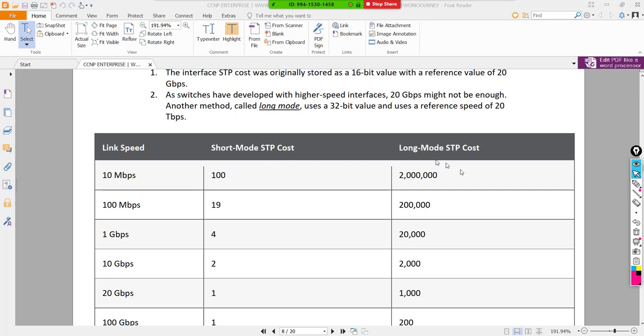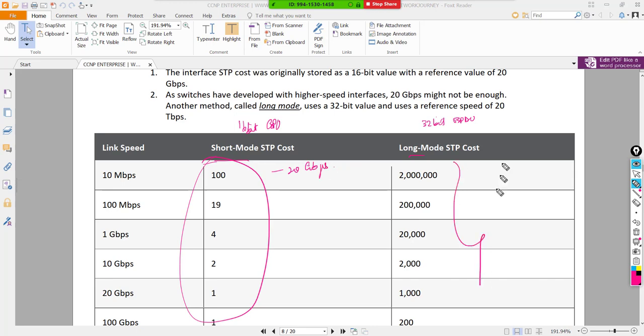So there are two cost modes: one is called short mode and the other long mode. This one is carried by 32 bits inside your BPDU, whereas this one is taken care of by 16 bits in your BPDU. The reference for this calculation is 20 gigabits per second, and this one, I think, is called 10 terabits per second.